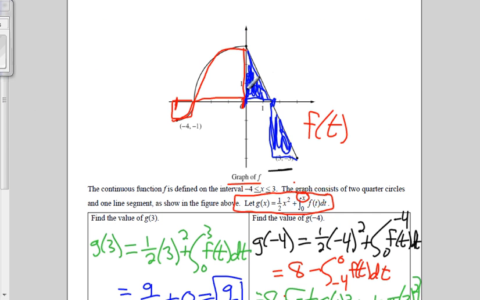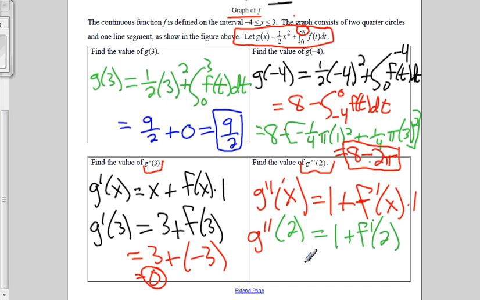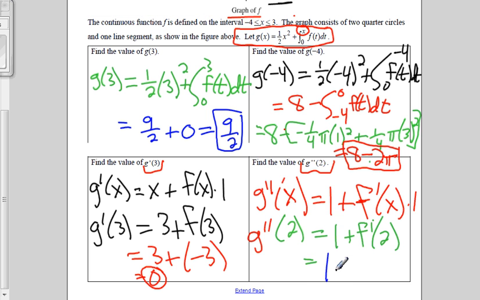So I'm at 0, 3, and I go to 3, -3, so I go down 6 over 3. It's going down to the right, so it's going to be a -2. So let's write that. 1 plus -2, so this ends up equaling -1.